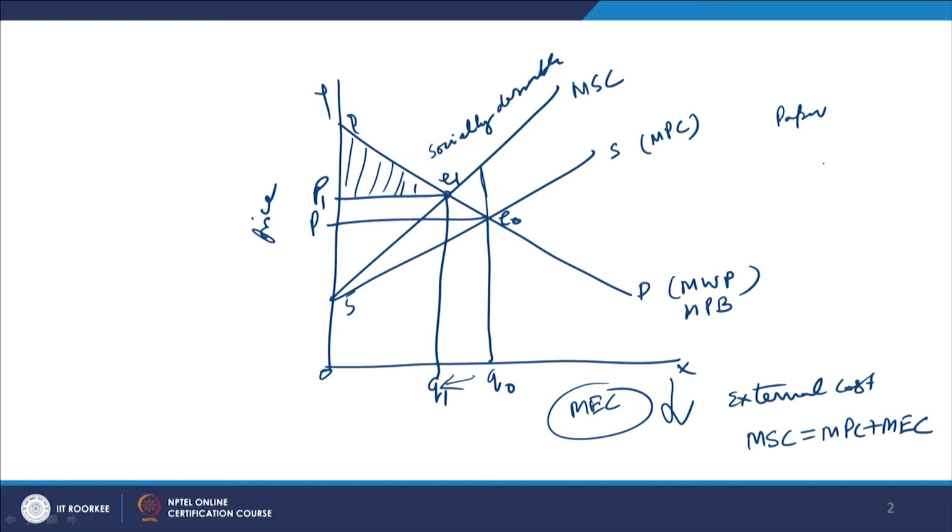If it is taken into the system, then the supply curve will shift upward and the new supply curve S1, called the marginal social cost curve, will give a new equilibrium at a higher price and lower quantity. That will obviously reduce the producers' surplus as well as the consumer surplus, but at the same time society at large would benefit. So, this is one way.